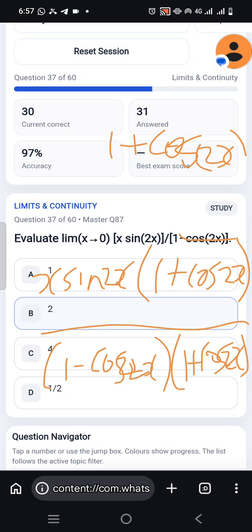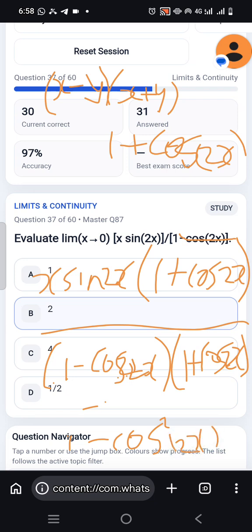Do you get it? This 1 minus cos 2x times 1 plus cos 2x is something like x minus y times x plus y, which is going to give me x square minus y square. So if this is x and this is y, I square this, that is 1 square, minus the square of this, that is cos square 2x. So that is for my denominator. For my numerator, I'll just leave it like that.